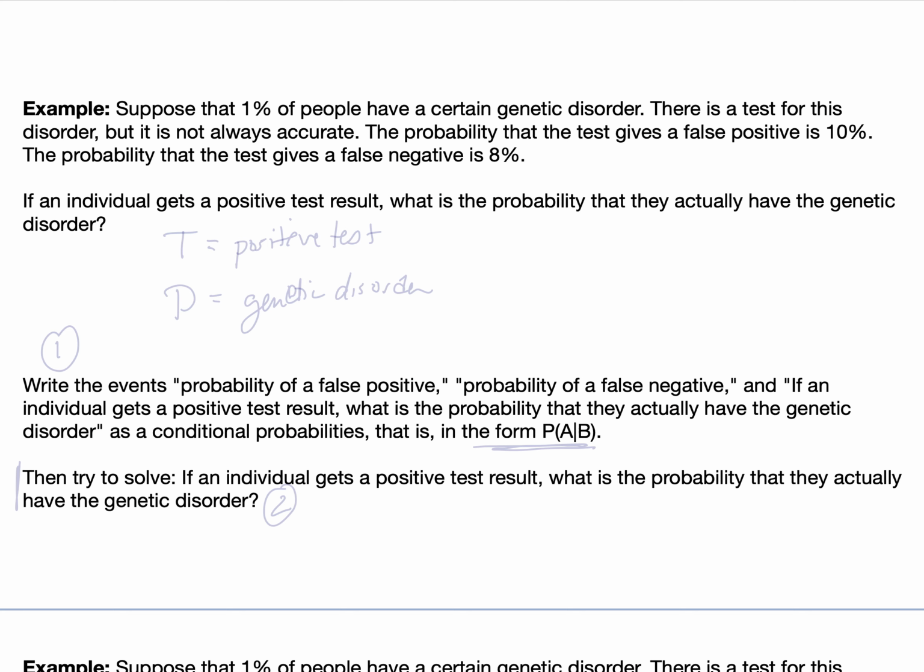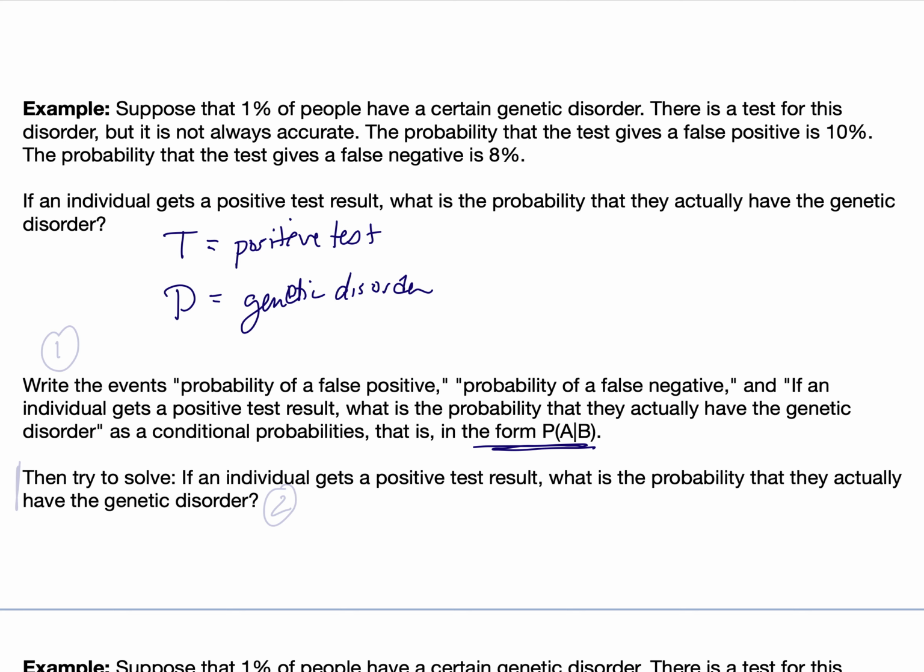Let's use the same names for events just so we have our same notation. So let's let T be gets a positive test result, and let's say that D is the person has the genetic disorder. To start off, I'd like you to write a few of these events in conditional notation: the probability of a false positive, the probability of a false negative, and if an individual gets a positive test result, the probability they actually have the genetic disorder.